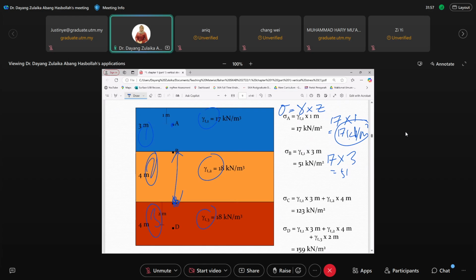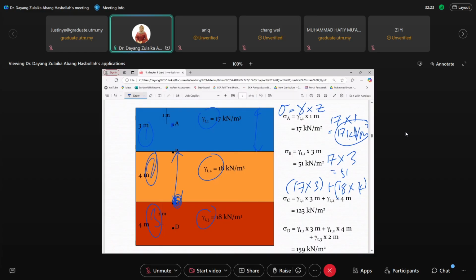The unit weight of layer 1 is 17 times its thickness of 3, plus the unit weight of this layer, 18, times 4, the thickness of layer 2. That is your total stress for point C.